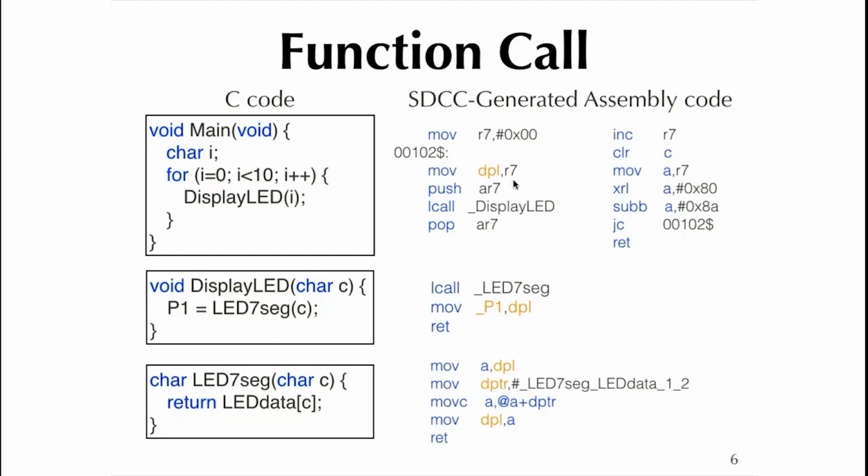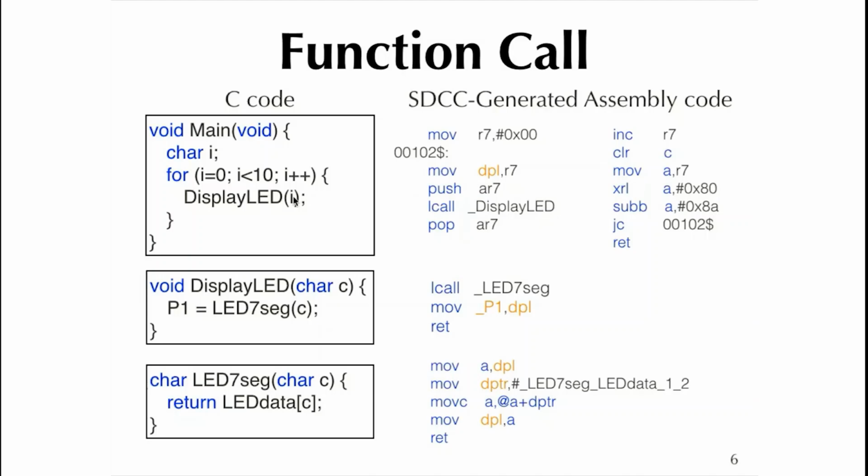But for now, we'll just do this. DPL if it fits, and if it doesn't fit, DPL then DPH. So R7 is our local variable i, and it gets passed in DPL, and then does the call to display LED, right?